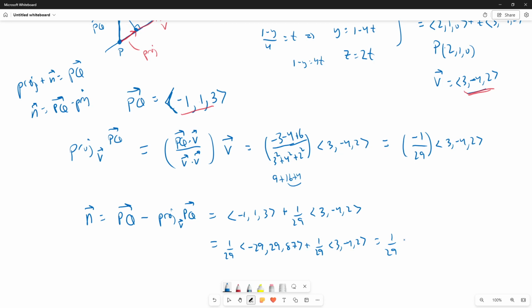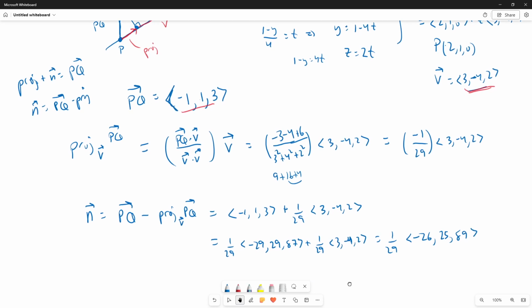So we have 1 over 29 times the sum of these two vectors. Negative 29 plus 3 is negative 26. 29 minus 4 is 25. And 87 plus 2 is 89. So that's our normal vector N, and the distance is the magnitude of N.